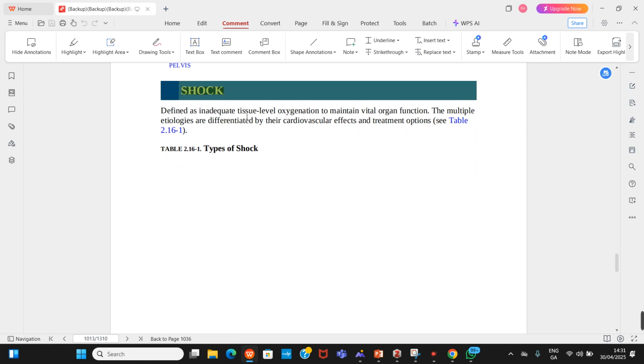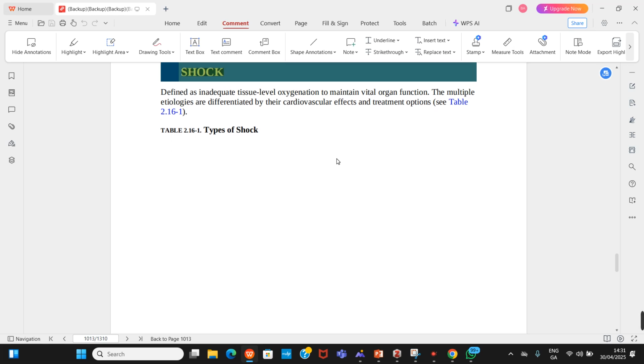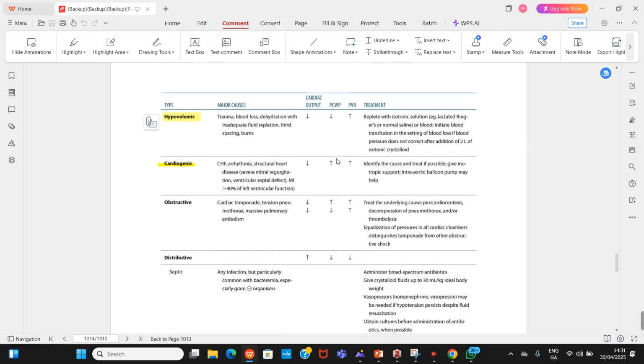This is just a condition where we have impaired tissue level oxygenation due to different pathologies. In the process, there's going to be organ level dysfunction because of impaired oxygenation at the tissues.